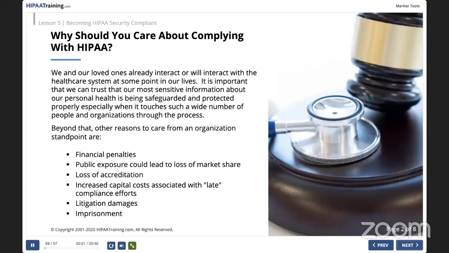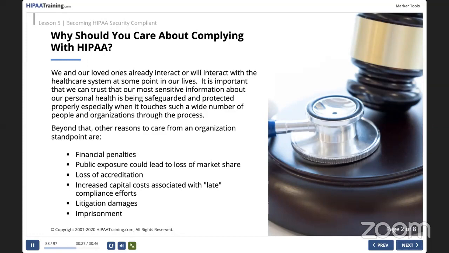Why should you care about complying with HIPAA? We and our loved ones already interact or will interact with the healthcare system at some point in our lives. It is important that we can trust that our most sensitive information about our personal health is being safeguarded and protected properly, especially when it touches such a wide number of people and organizations through the process.